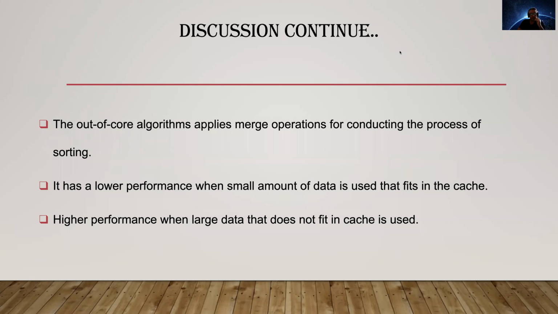We continue the discussion about the out-of-core algorithm, also a robust algorithm used for AA sort in the SIMD processor. The algorithm uses the merge operation to conduct the process of sorting.